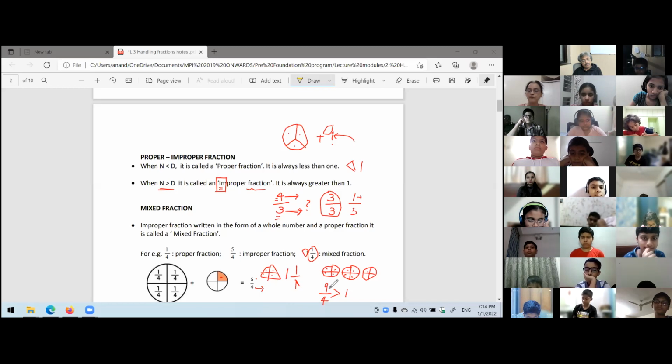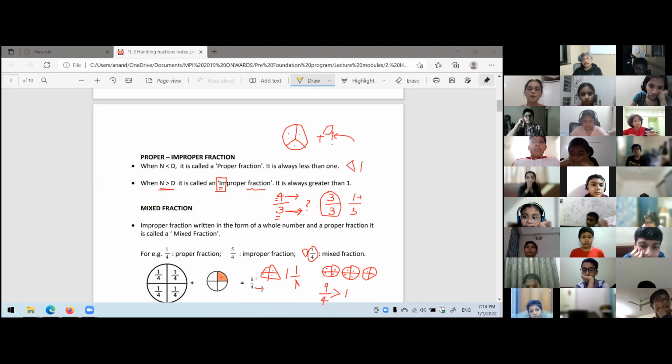And how do I get it then? How do I convert this improper fraction? The other format will be called the mixed fraction. Improper fraction can always be written as mixed fraction.